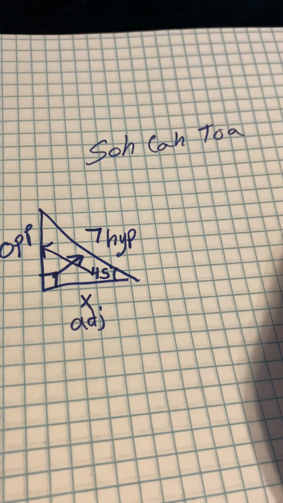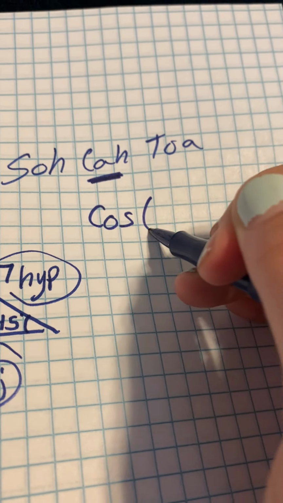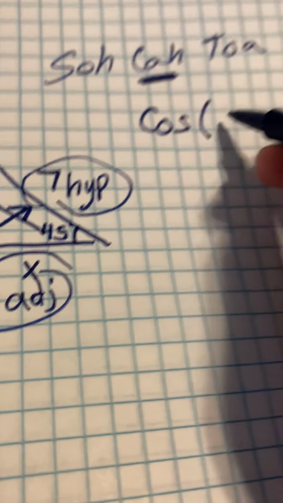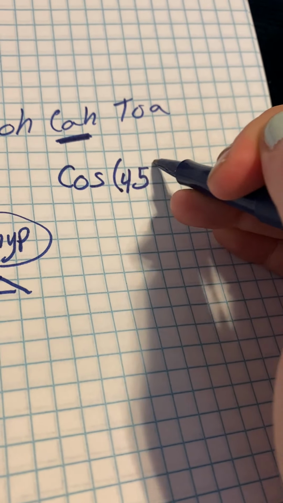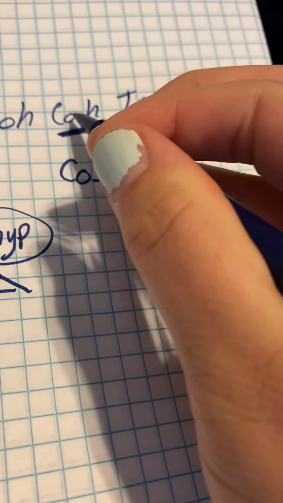If we know the hypotenuse and we're looking for the adjacent, which one uses the H and the A? Right, this time it's the C, cosine. Our angle was 45, so cosine 45 equals A over H. So A, we don't know, over H, which was 7.